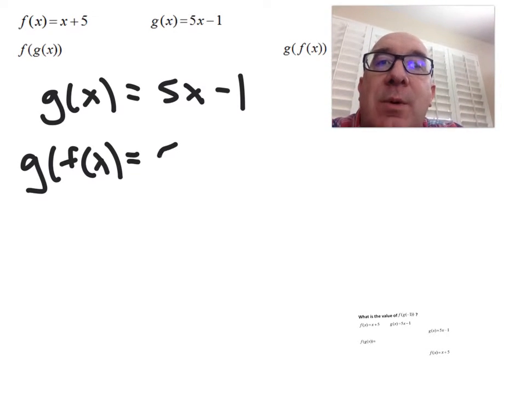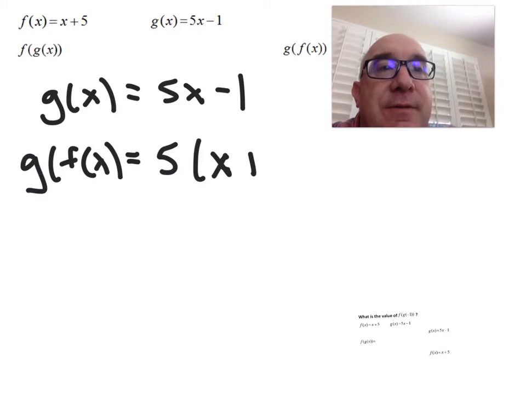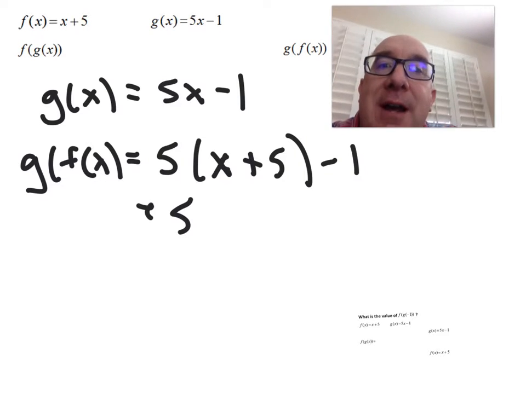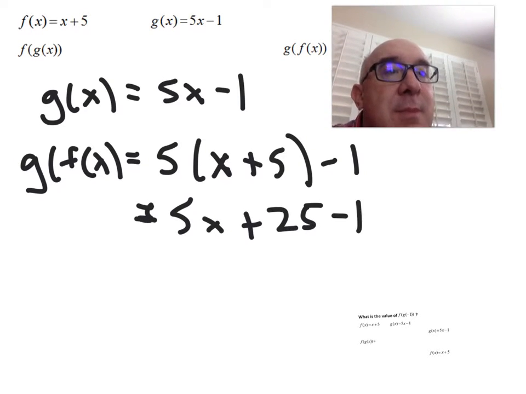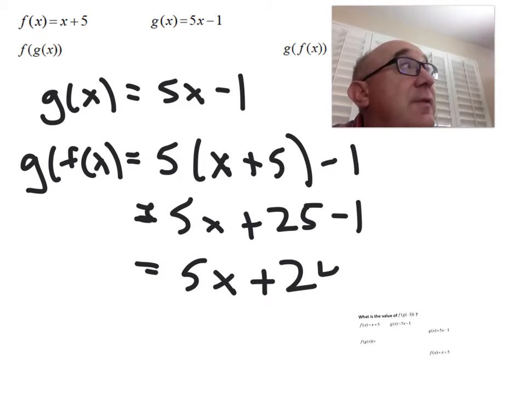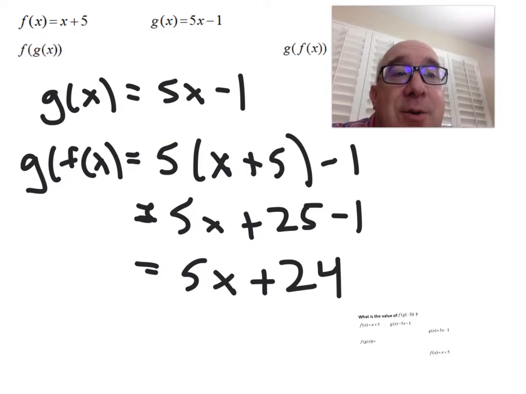To do that, when we go 5 times, now we're going to put in x plus 5 there, minus 1. That's 5x plus 25 minus 1. Notice the composite is a different value, but it is the correct total there.